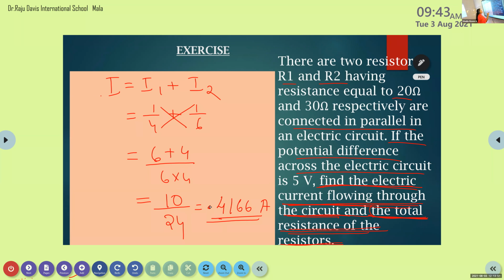Otherwise you can simplify it in decimal terms. The simplified form of 10 by 24 is 5 by 12 ampere.